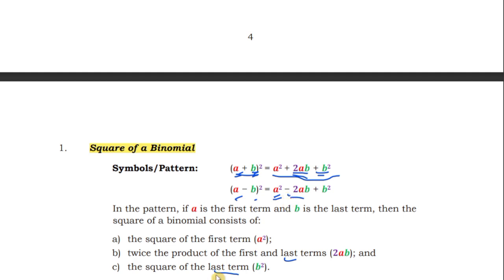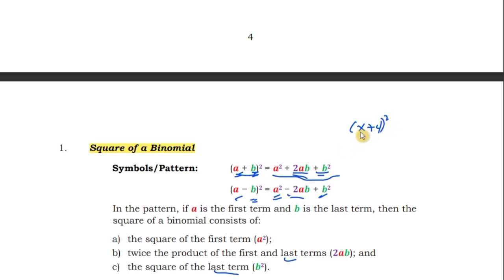Copy the sign of the negative, or just to say the negative of twice the product of the first and the second term. Then the square of the second term, which is b squared. That's it.